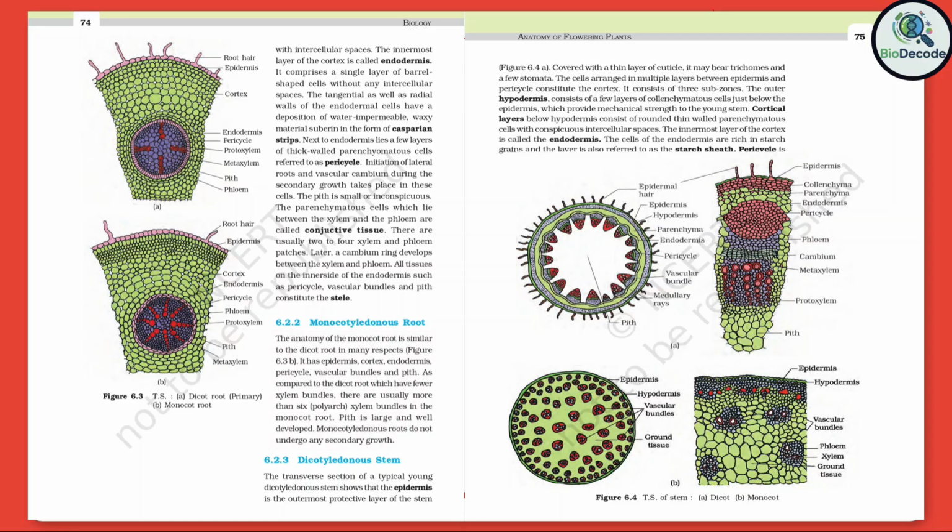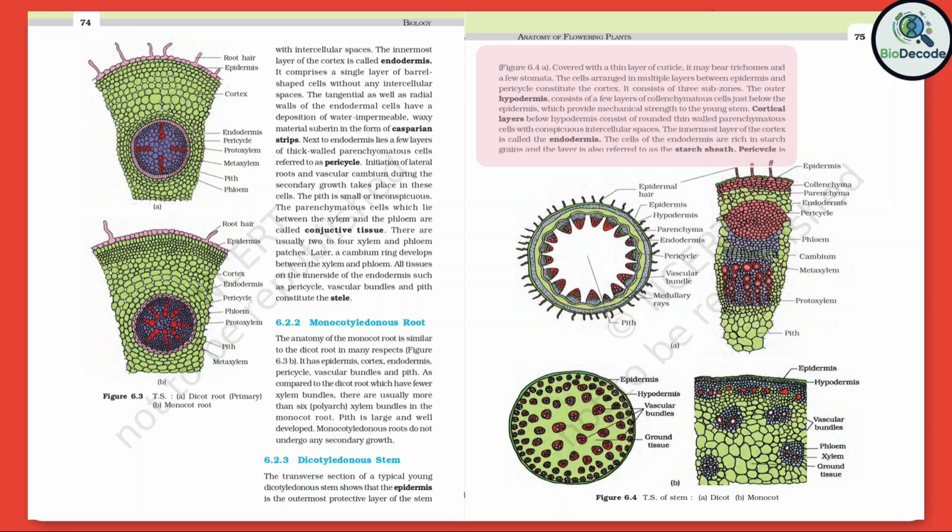Dicotyledonous stem. The transverse section of a typical young dicot stem shows that the epidermis forms the outermost protective layer of the stem, as illustrated in Figure 6.4a. The epidermis is covered with a thin layer of cuticle and may bear trichomes and stomata.